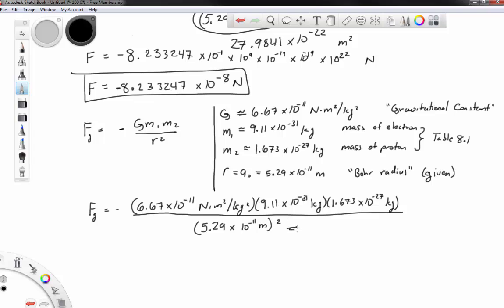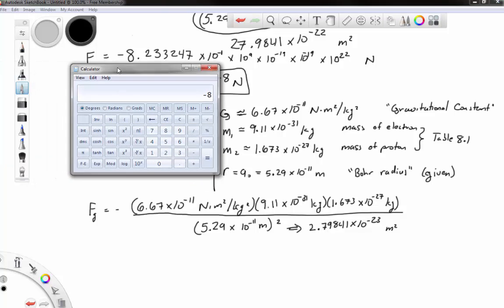And this thing we found in the previous part of this problem is actually 2.79841 times 10 to the minus 23 meters squared. So it looks like we're ready for the calculator to come out. So pull up our calculator.